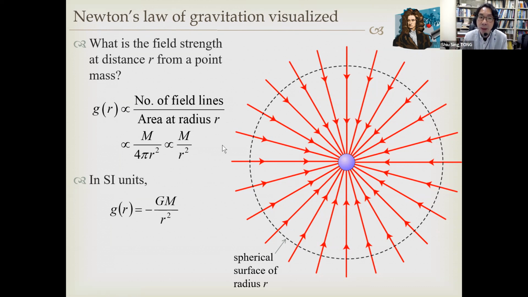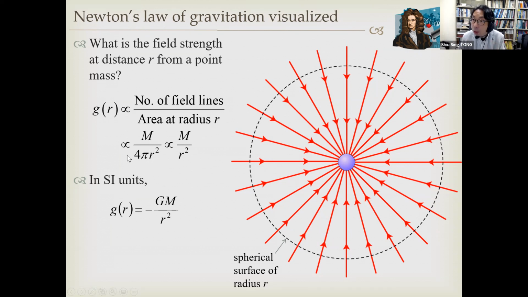As I say, I don't know how to calculate the exact number of field lines, but I know that the number of field lines is proportional to the mass m. If I have a larger mass m at the center, I will have more field lines coming in. So the number of field lines is proportional to m, and the area at radius r is 4 pi r squared.